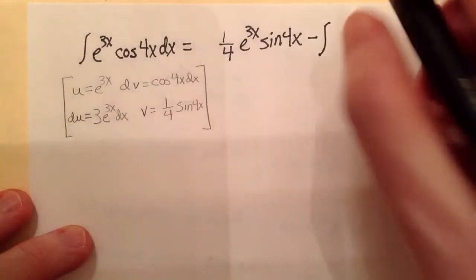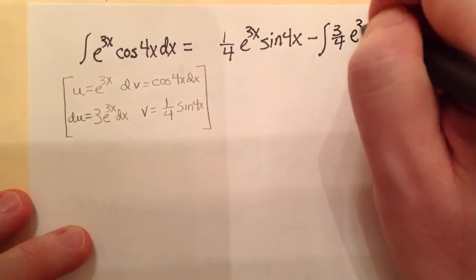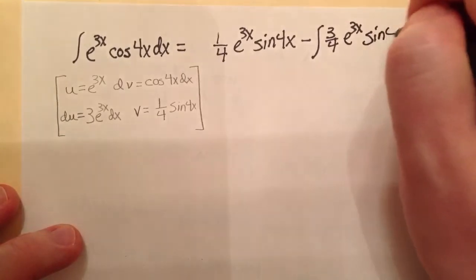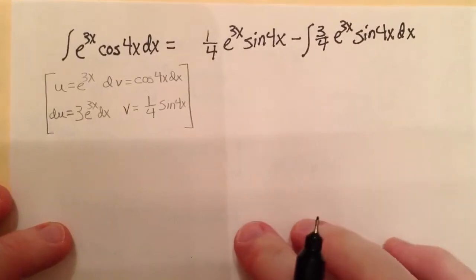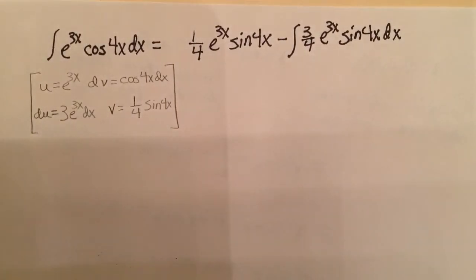We have 3 times 1/4, which is 3/4, then e to the 3x times the sine of 4x dx.